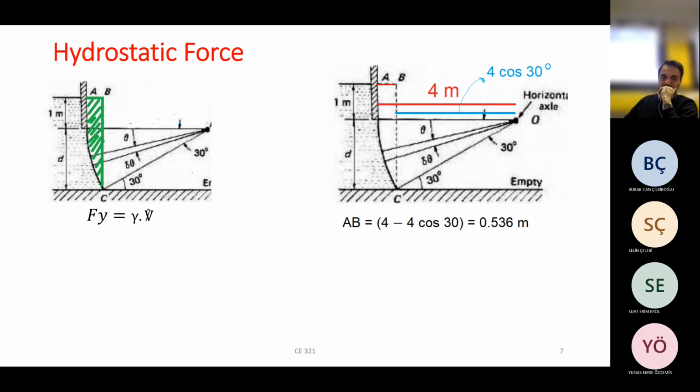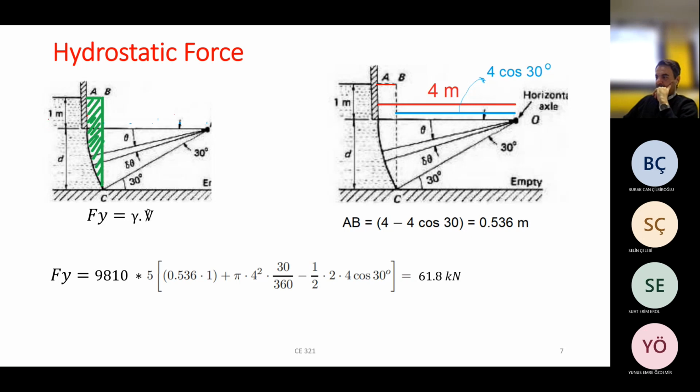Okay, what I need again is to calculate this volume. More area should be calculated. I show you here how I solve this problem.